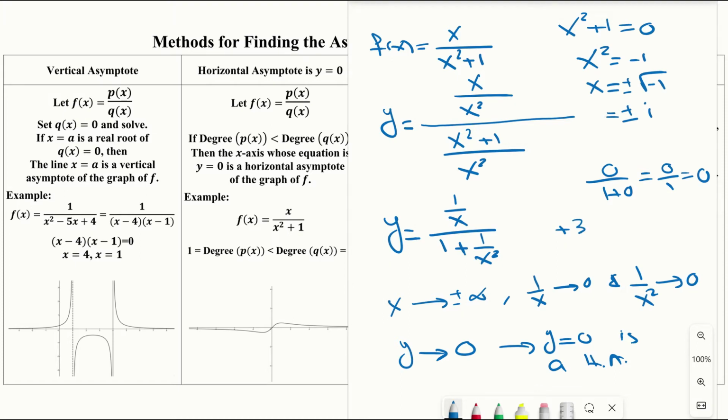If it's an operation between two numbers like 2 plus 3, we say plus, okay? But this is an exception that we make because it sounds so much better. All right, so notice if we set the denominator equal to 0, we don't get any real solutions. So that's why this rational function that you see here has no vertical asymptotes.